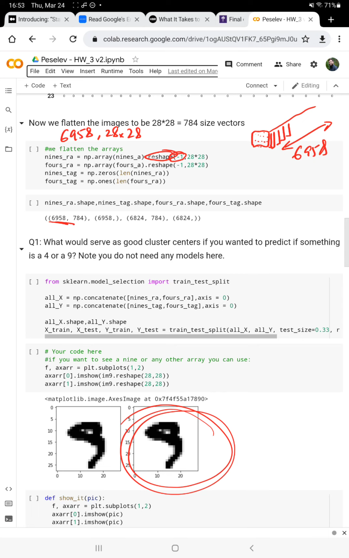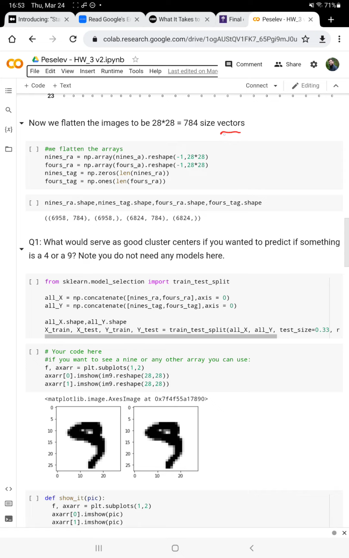Now with this reshape, what he's doing is he takes that square that you had, 28 by 28, and he transforms it into a single row. So this part comes here, this part goes here, this part goes here, and so now instead of having an array of 28 by 28, he has an array of 784, a line.